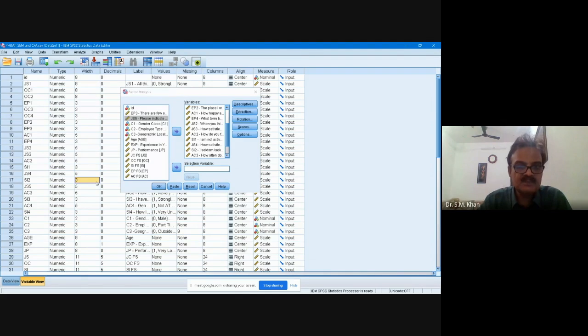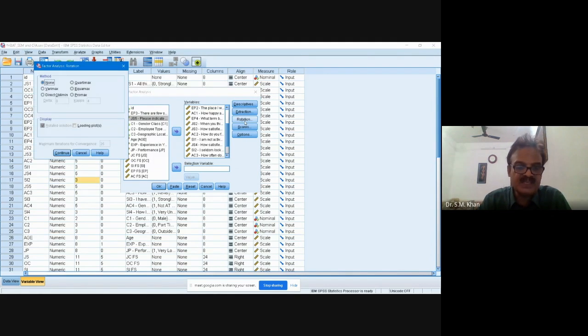Continue. Then go to the rotation. What is rotation, friends? It helps you to transform the factor loading in a meaningful way. For example, you might have seen that one of the items is measured on a 7 scale, another is on 5-point scale, another is on 10-point scale, another on 100-point scale.